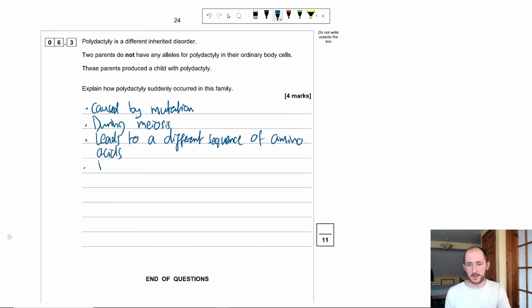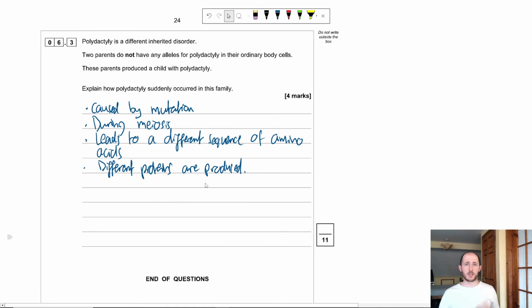It means different proteins are produced. You can either say different proteins are produced or certain proteins aren't produced. Both of them are technically the same, in that the idea is that something different happens.